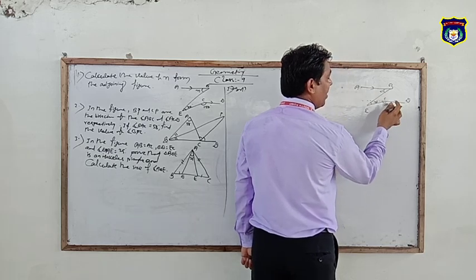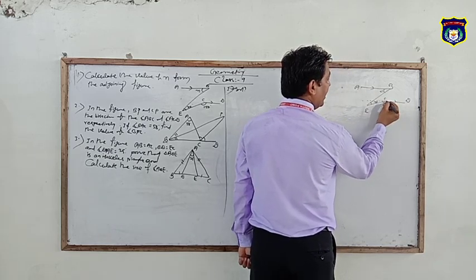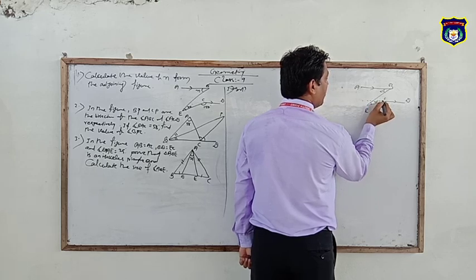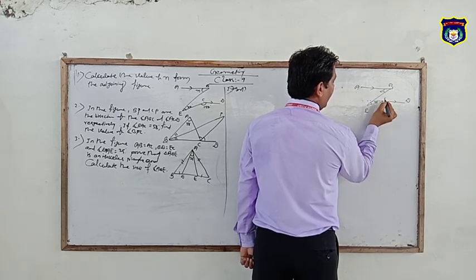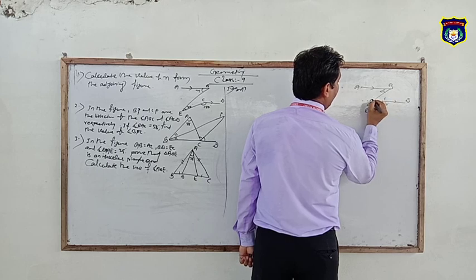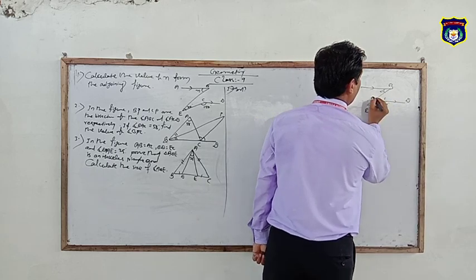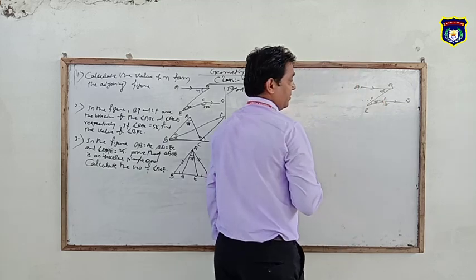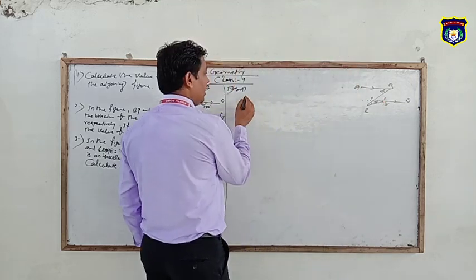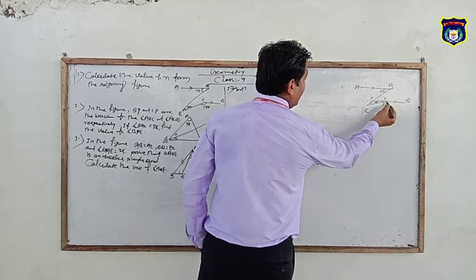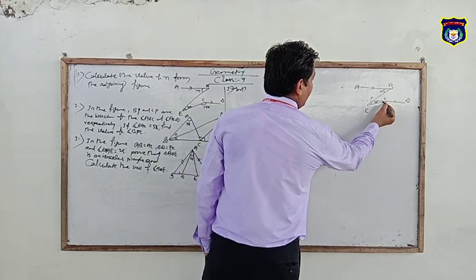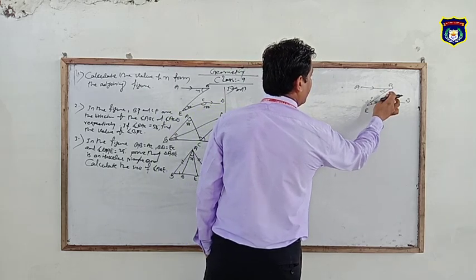I think we need a construction. AB is parallel to CD. CD is produced to any point, and the point where it intersects is denoted by P. 150 is the exterior angle of triangle PCE.